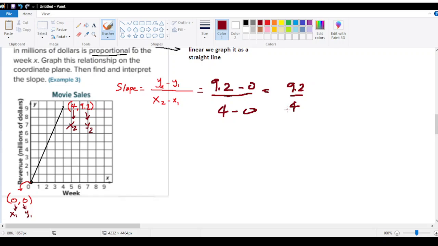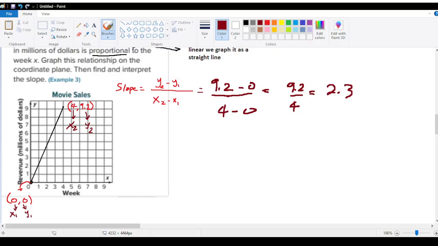If we divide these two numbers, it's going to be 2.3. Okay, 9.2 divided by 4 is 2.3.